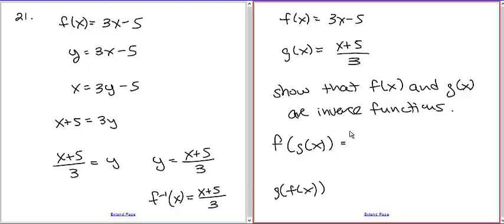So you take f of x, 3, replace x with parentheses, like that, and substitute in g of x. And then you simplify. So this 3 cancels with that 3. That leaves us with x plus 5 minus 5. These cancel out, you end up with x.